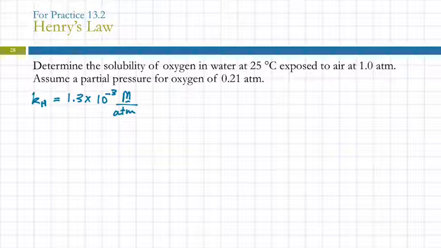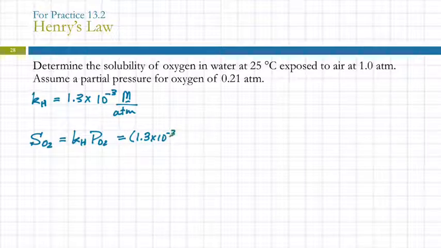It says determine the solubility. Well, Henry's law says that the solubility for oxygen is going to equal the Henry's law constant times the partial pressure of oxygen. So we're going to have that constant, 1.3 times 10 to the minus 3 molarity per atmosphere, times the pressure, and it needs to be the partial pressure of that particular gas, so 0.21 atmospheres. The atmospheres cancel out.